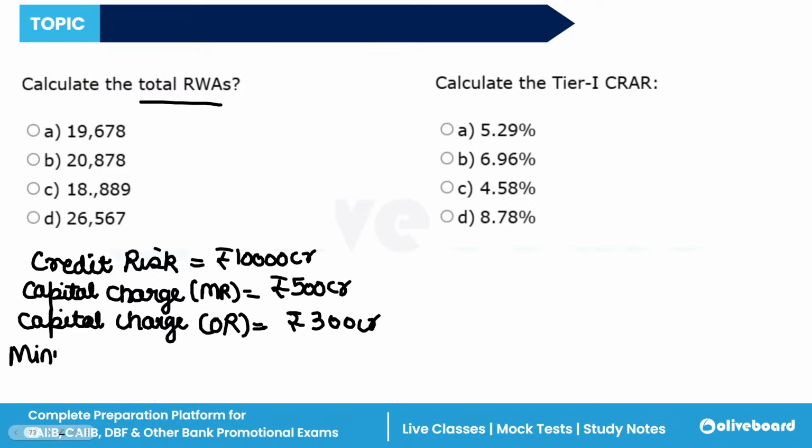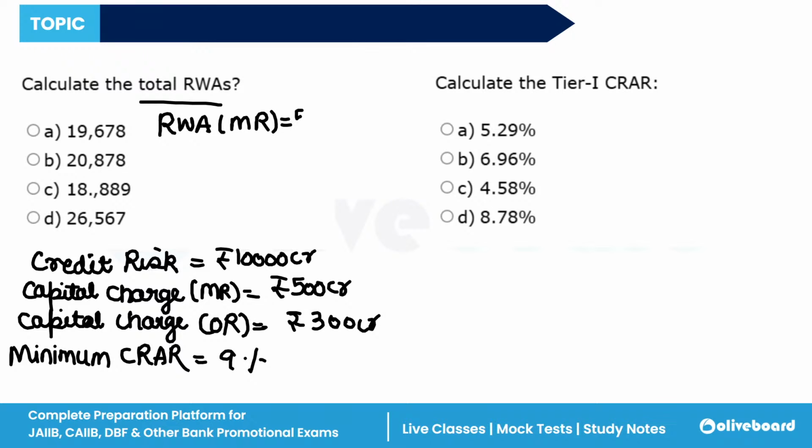So minimum CRAR is given 9%. Now calculate the RWA for market risk, which is 500 divided by 0.09. That is 555.56 crore.